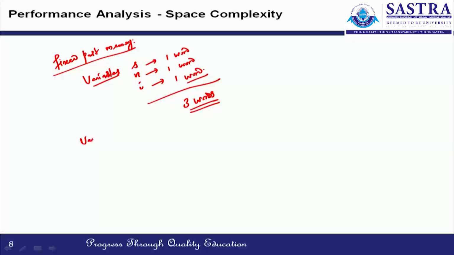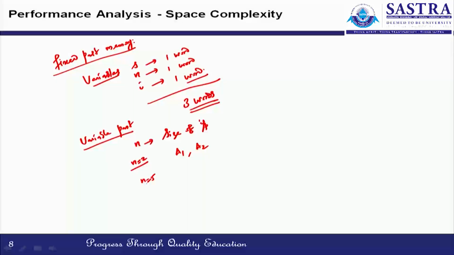Now analyzing the variable part, in the variable part n represents the size of input. Suppose n is equal to 2, memory is required to hold the array elements, say a1 and a2.